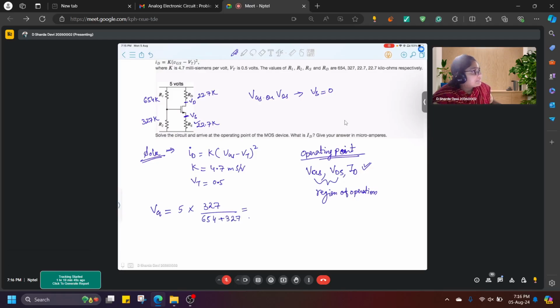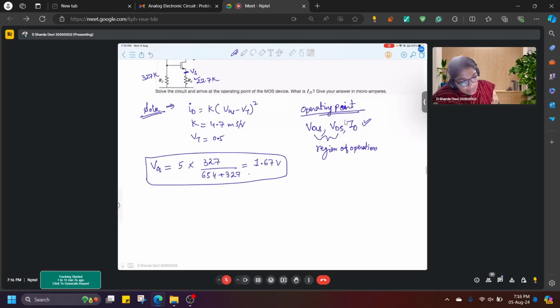By solving this, we get the value of Vg, which turns out to be 1.67 volts.